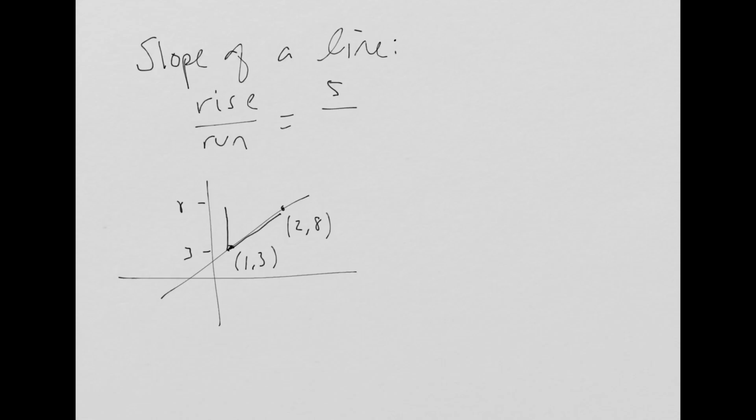For the run, I'm talking about going from here to here. How far did I go over? Well, here my x-coordinate was 1, and there my x-coordinate was 2, so my run was 1. So we would say that this line has a slope of 5. The slope between the 2 points was 5 because the rise over run was 5.